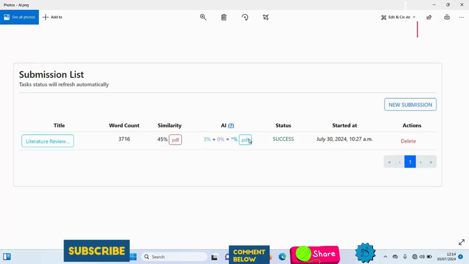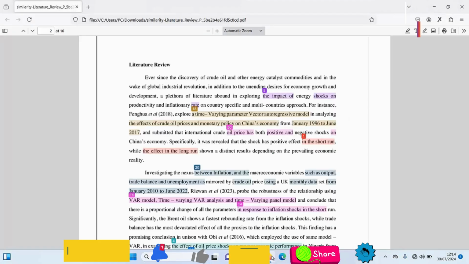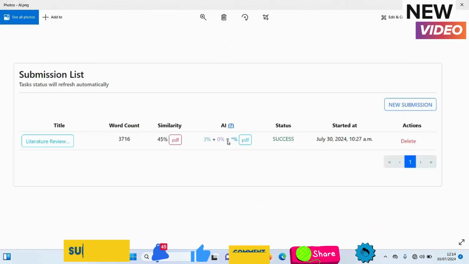So when you use AI now, for instance, the plagiarism AI rate here is 0%. By the time you use AI to paraphrase this document, this thing will jump from 0 to maybe 40 or 50%, which is not good.